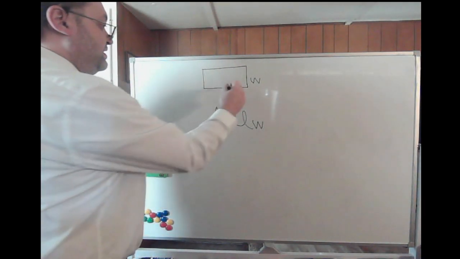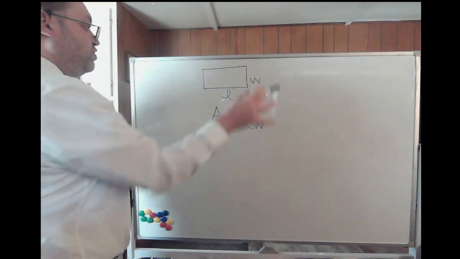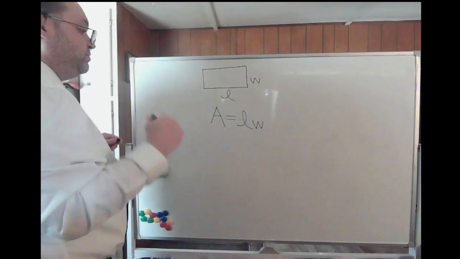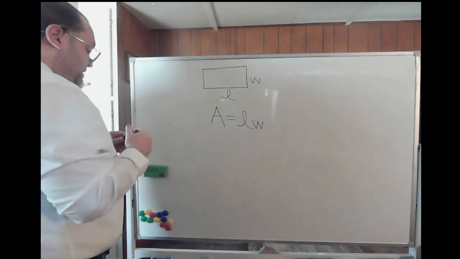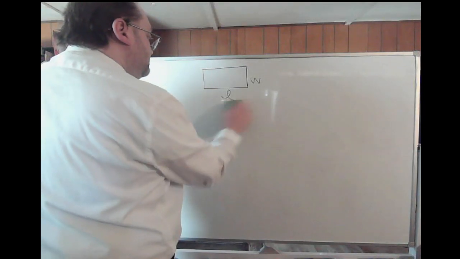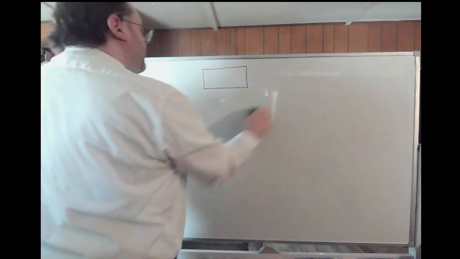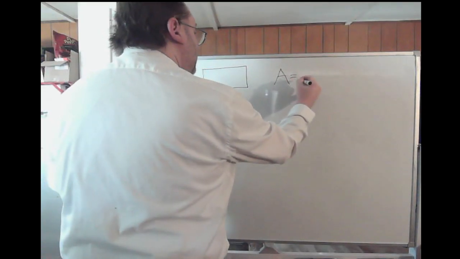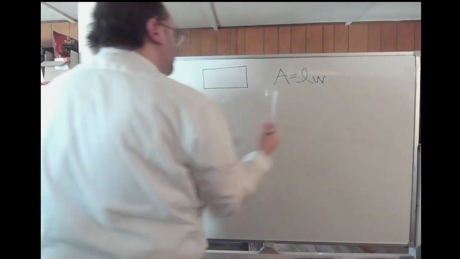That's all it is, the length times the width. You'll get the coverage of the whole entire area. So again, area is length times width of a rectangle. I'll put that up here so we have it for our formula. Area equals length times width.